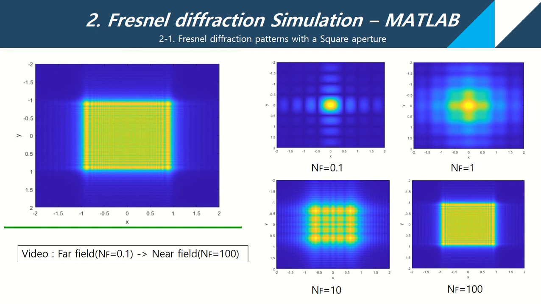The images on the right side are diffraction patterns at different Fresnel numbers. As you can see, as the Fresnel number increased, the intensity of the wave field changed uniformly.